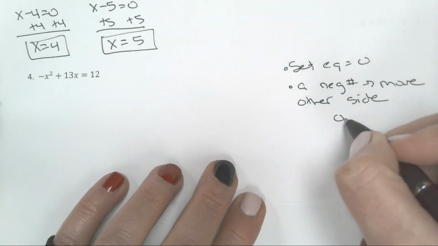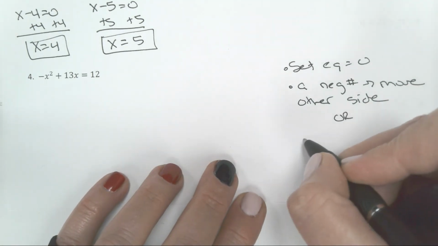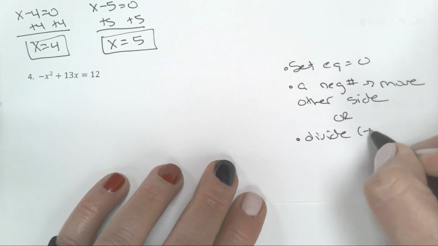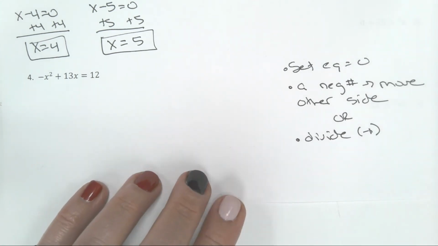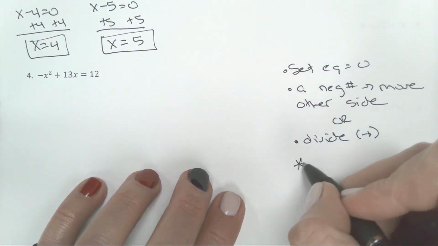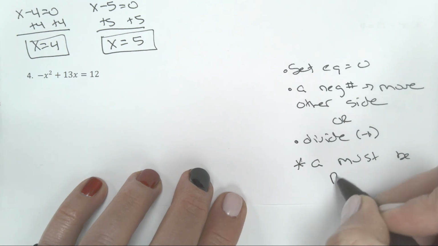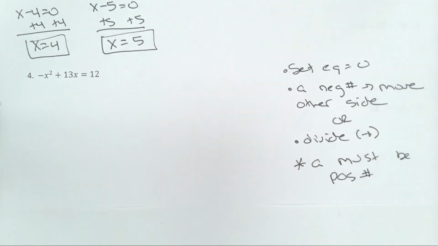Or you can always divide by -1. But before you factor, your a must be a positive number. Factoring is very, very hard when your a is a negative number.